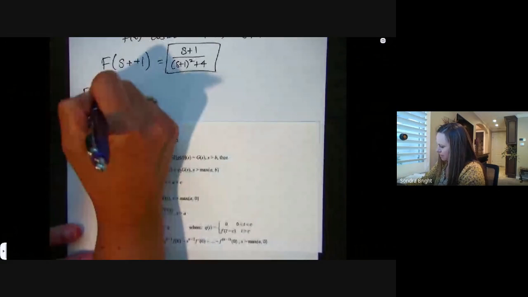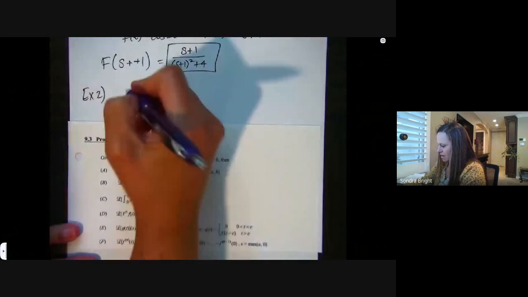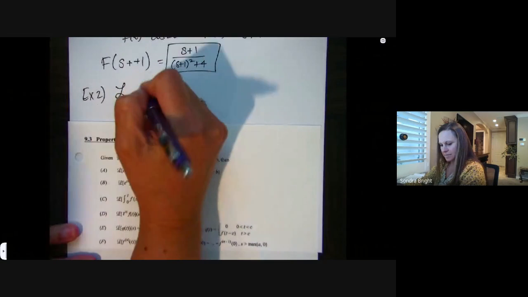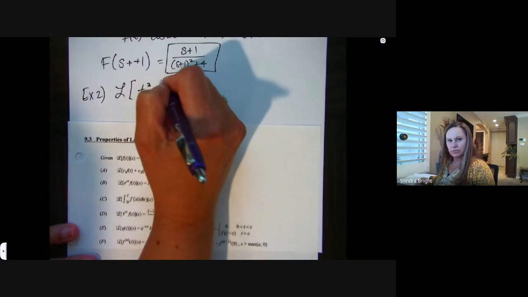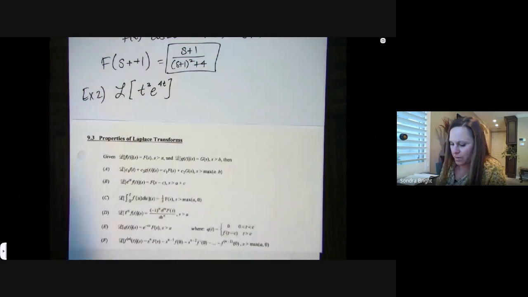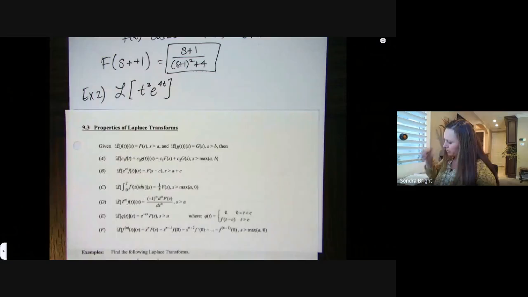All right, let's look at another one. Find the Laplace transform of t cubed times e to the 4t. You look through there and wonder which property you could use.